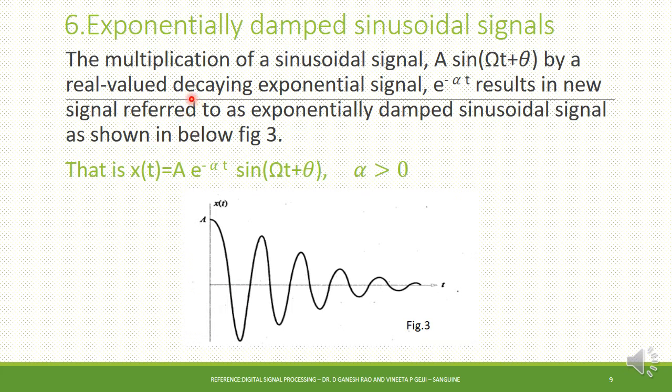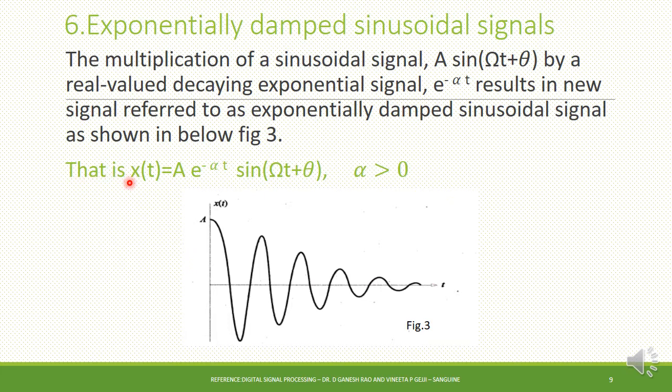We have already studied the decaying exponential signal, that is e to the power of minus alpha t. If we multiply this decaying exponential signal with the sinusoidal signal, A sine of omega t plus theta, the resultant signal is called the exponentially damped sinusoidal signal, and I have shown it here.